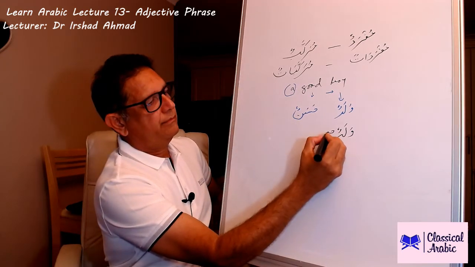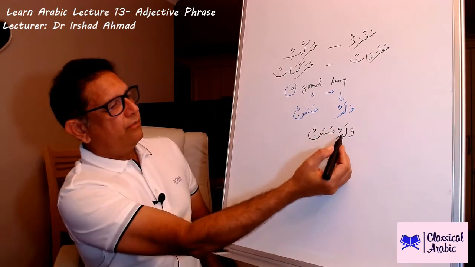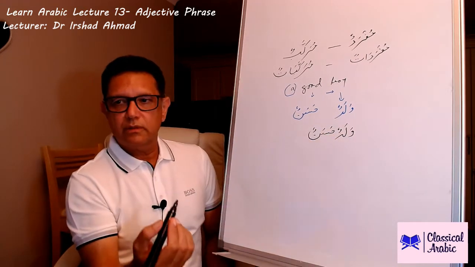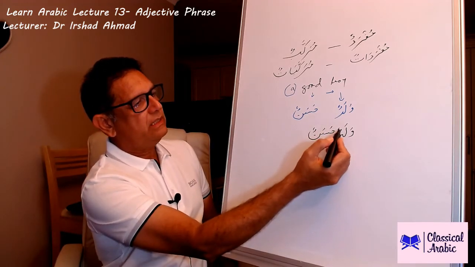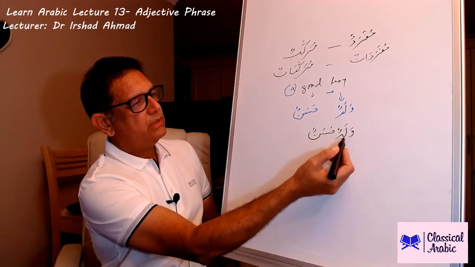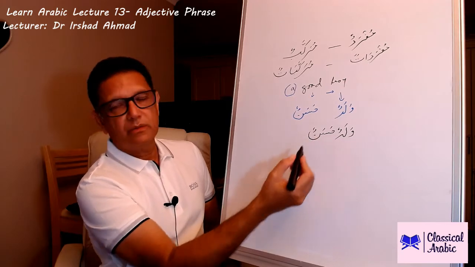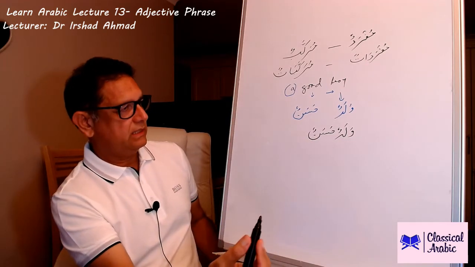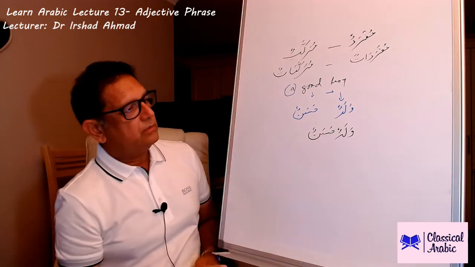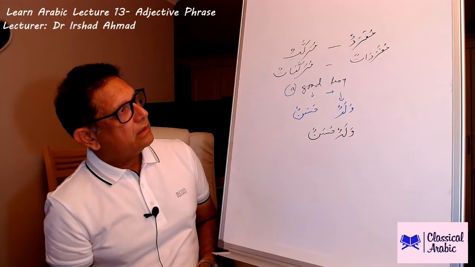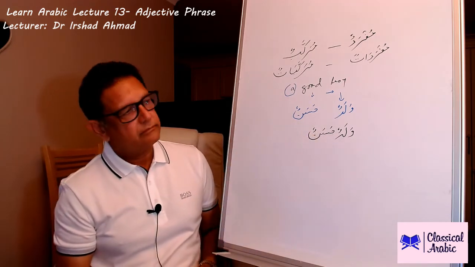Hasanun. Waladun hasanun, a good boy, because this is indefinite. Tanween tells us that both these nouns are indefinite. Waladun, a boy, hasanun, basically a good. That's what we are saying literally. So waladun hasanun, a good boy. That's our phrase, which is murakkab tawsifi.